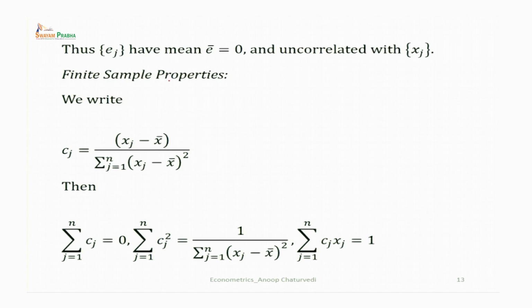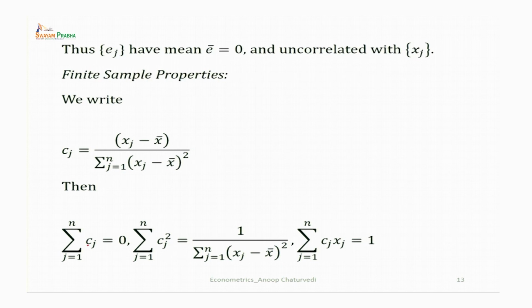Now, to investigate the finite sample properties of these least square estimators b 1 and b 2, let us write C j equal to (x j minus x bar) divided by summation over j of (x j minus x bar) square.